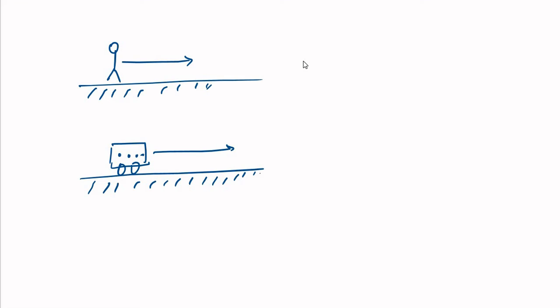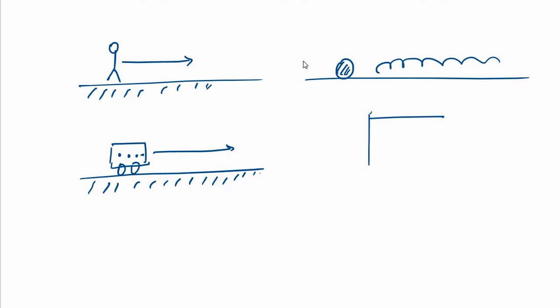Let's say we have a ball which is rolling down on the ground. This is circular motion. Or we have a door which opens or closes.